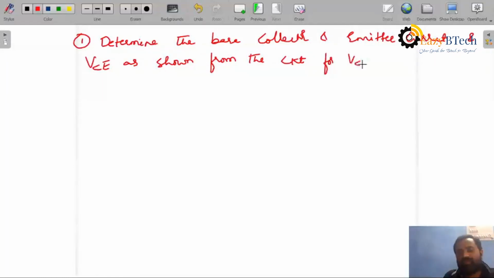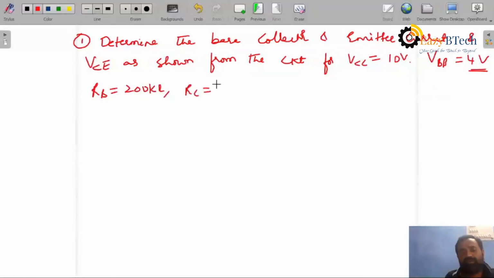For VCC given, that is 10 volts, VBB given 4 volts, RB given 200 kilo ohm, RC given 2 kilo ohm, VBE 0.7 volts. Next, beta is equal to 200.